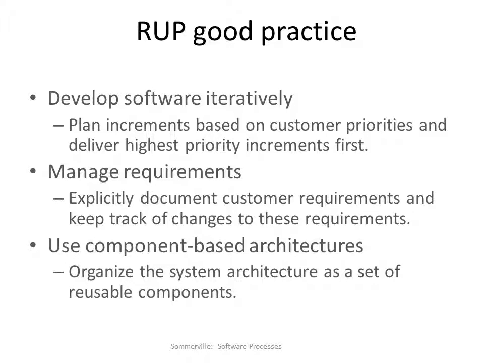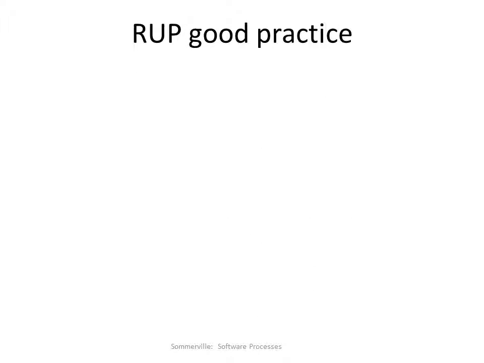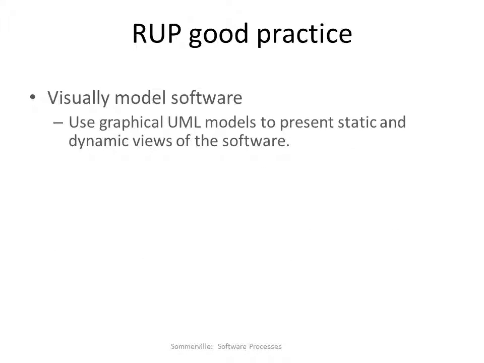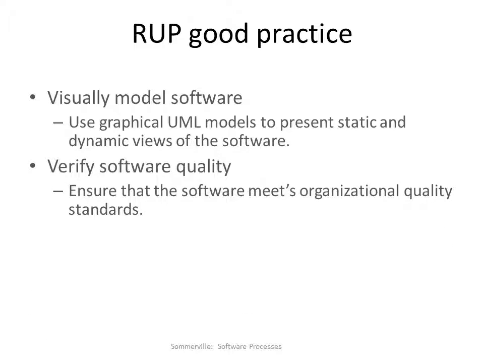Okay, the next one is use component-based architecture. That's organising the system architecture as a set of reusable components. RUP good practice continued. Visually model software, so use things like graphical UML models to present static or dynamic views of the software. Then verify software quality: ensure that the software meets organisational quality standards.